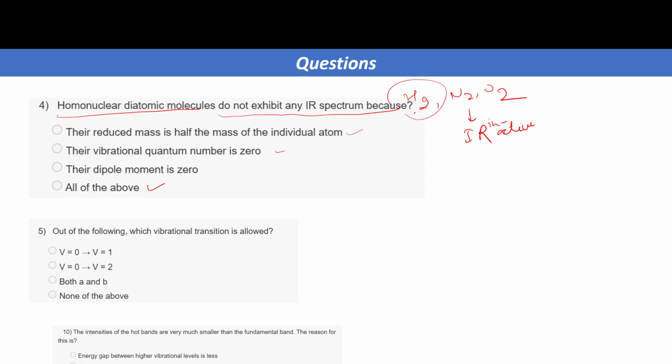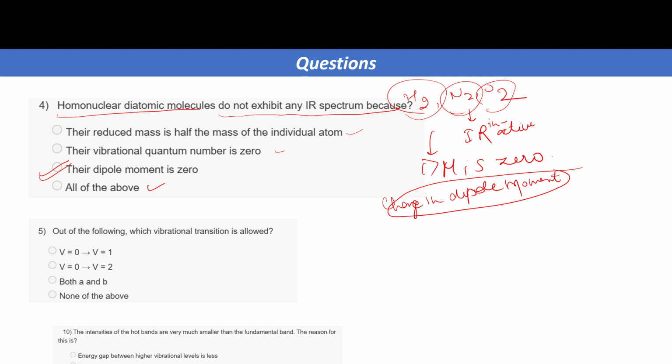Why? Because in the case of homoatomic molecules, the dipole moment is 0. Therefore, they are IR inactive. And we know for IR, the molecule should have a change in dipole moment for a molecule to be IR active.